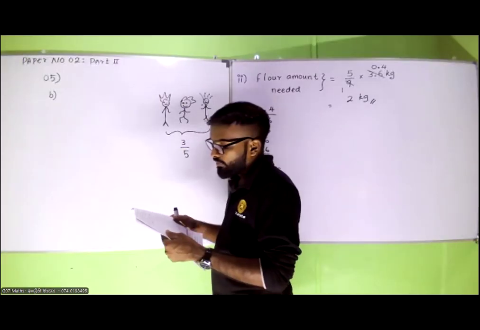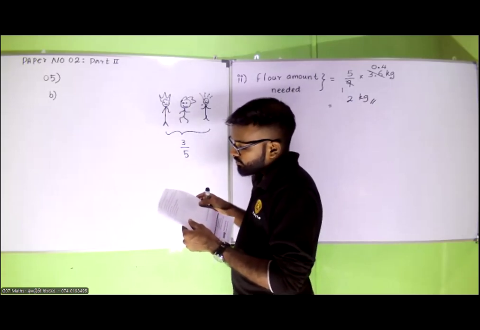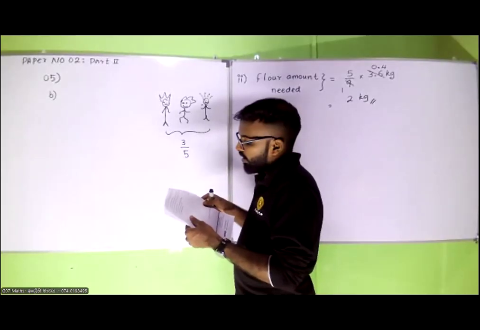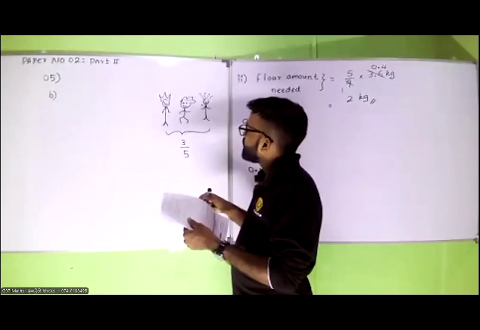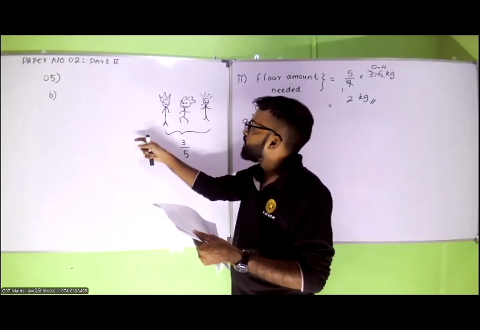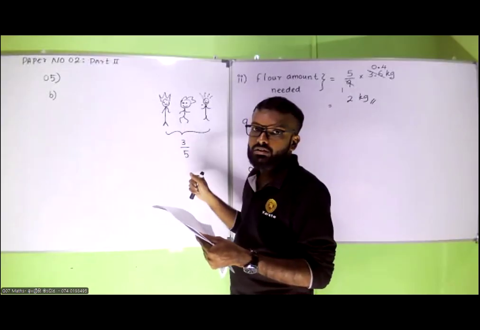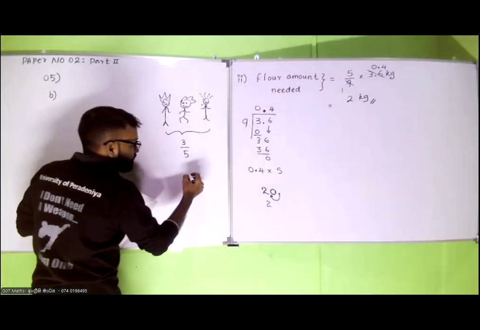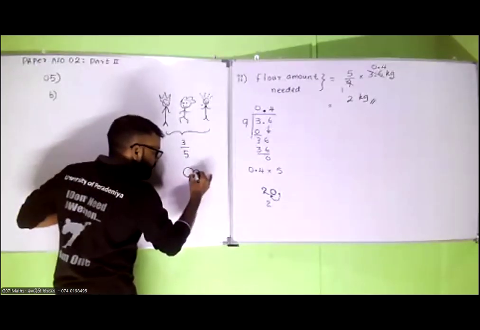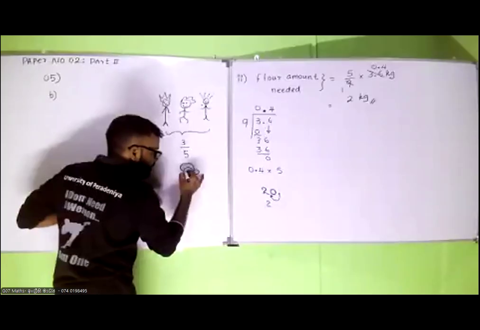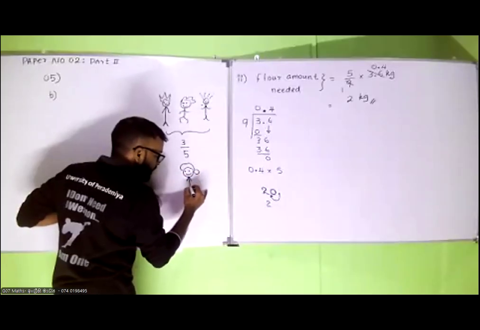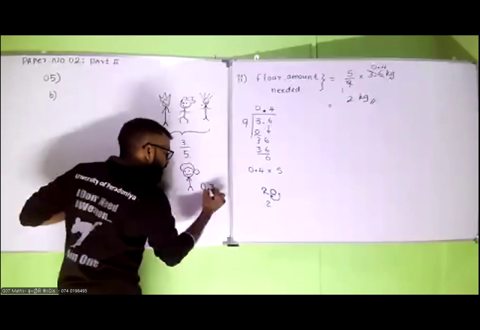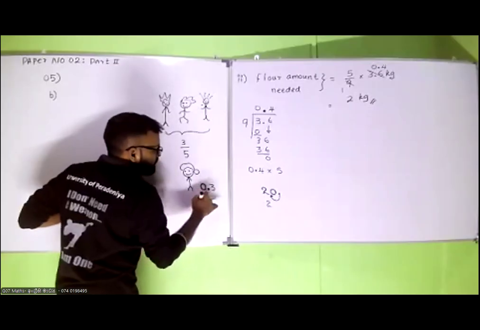So, first of all, before finding this, we have to find how much portion has been received by the mother and the 3 children first. The mother received 0.3.